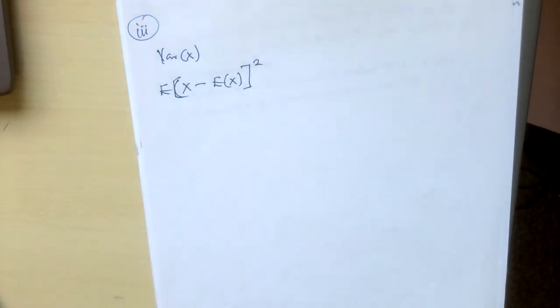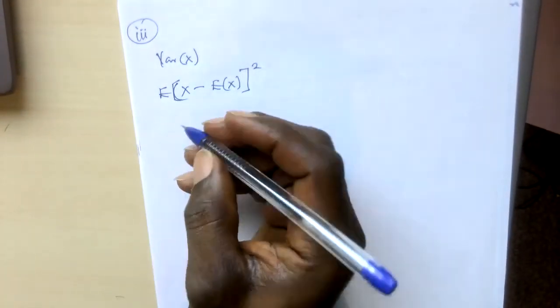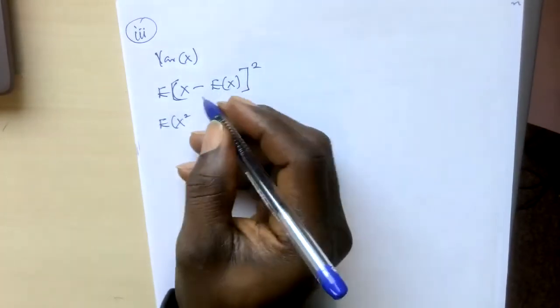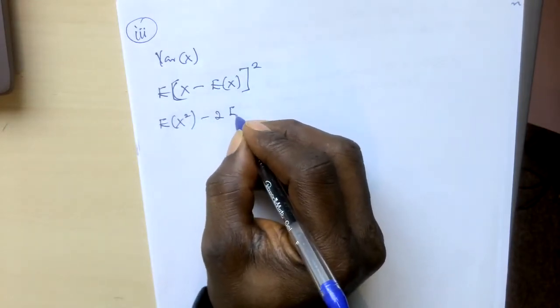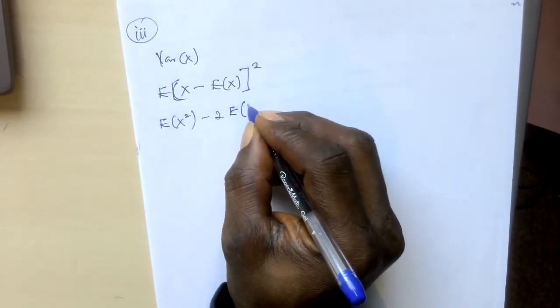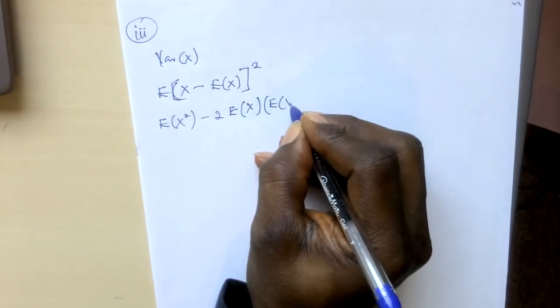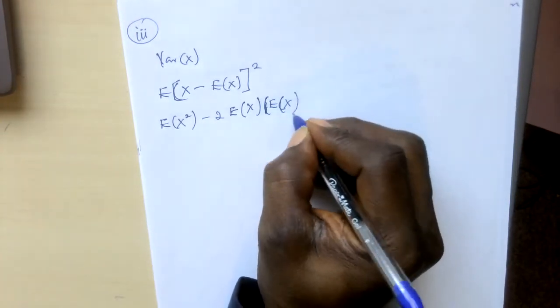So now, if we expand this, we have x squared minus 2 times x times the expected value of x, plus the expected value of x all squared. Sorry, this bracket is not there.